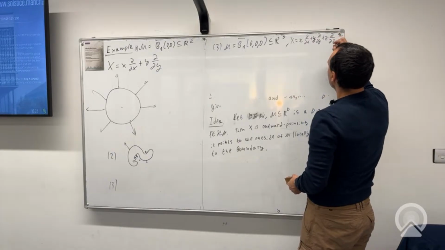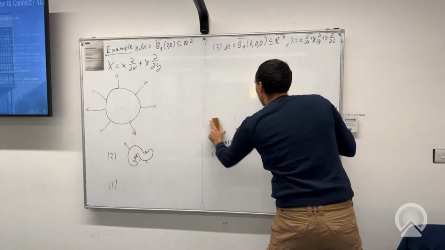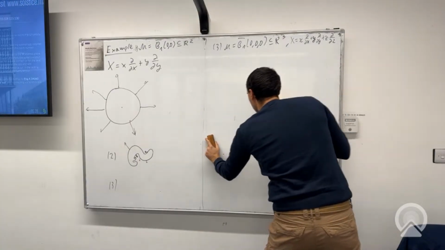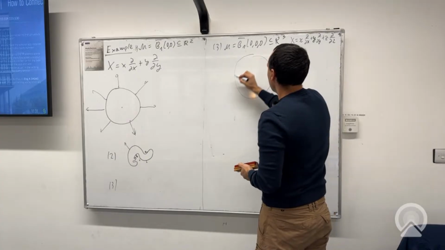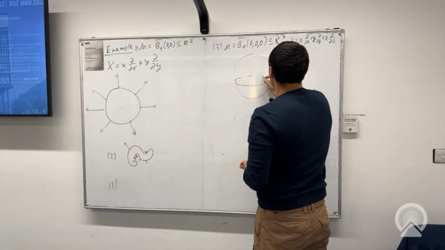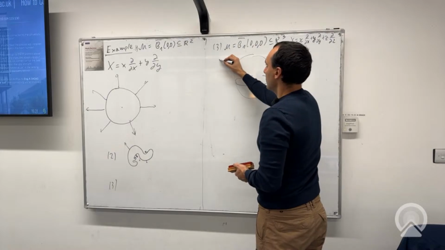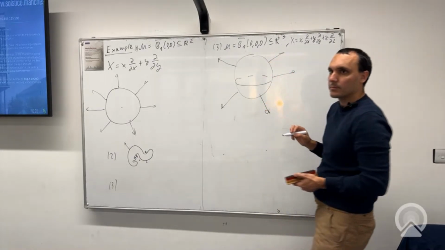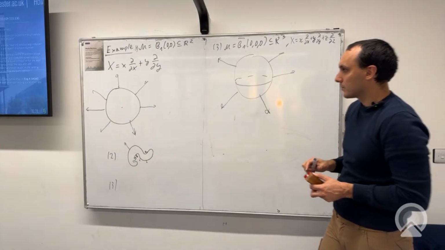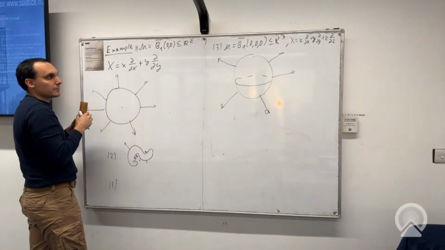This is again the Euler vector field. So if I'm here, things like that, again it goes to the outside and so on.